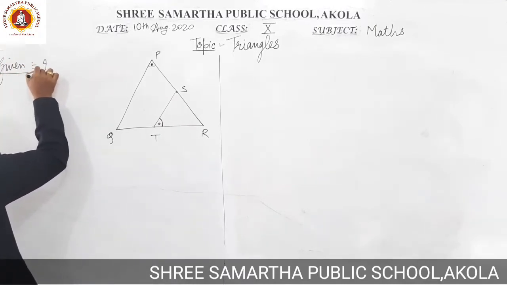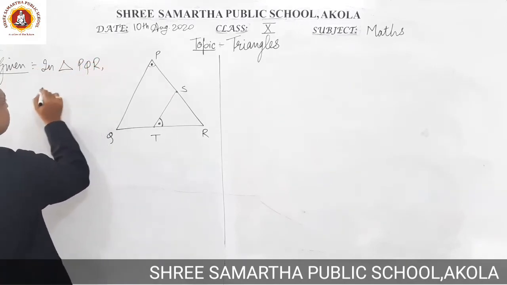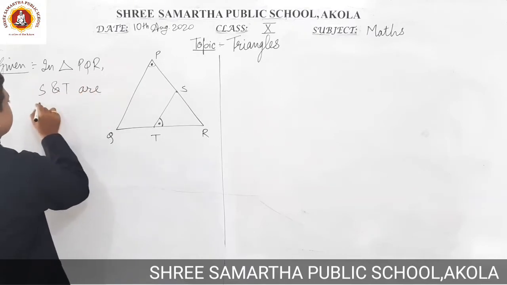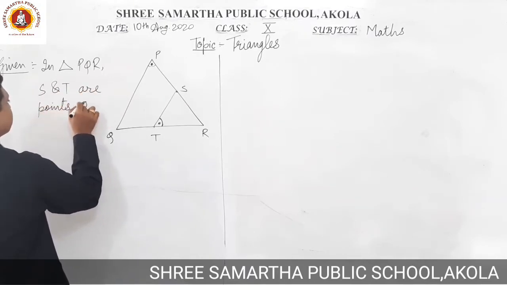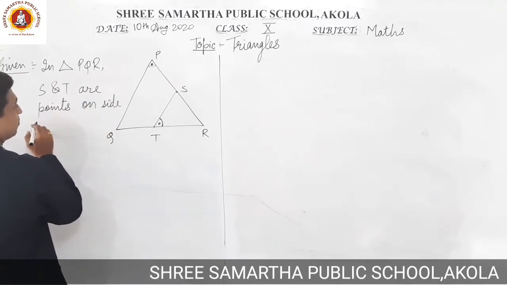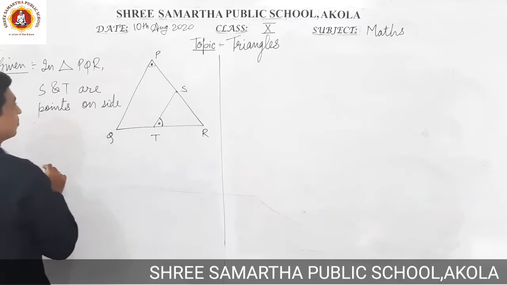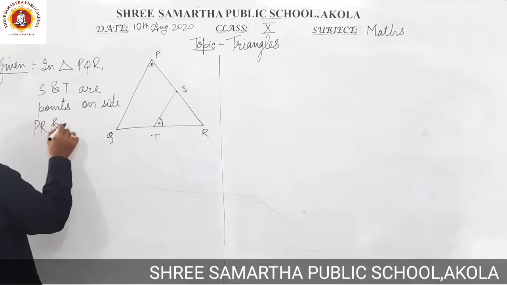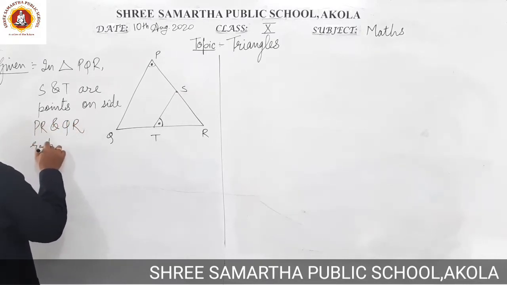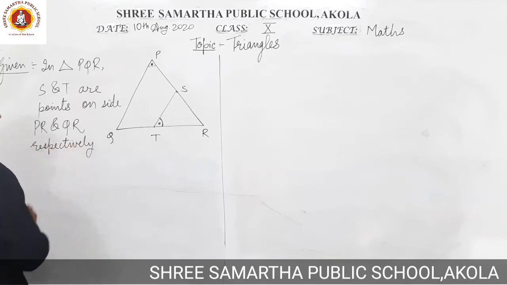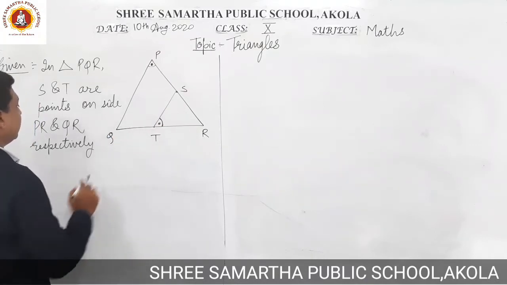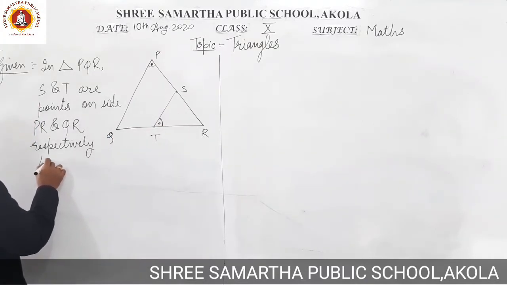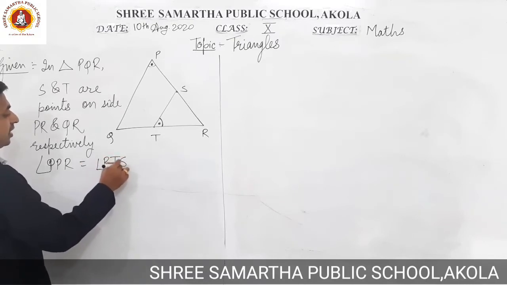Given: S and T are the points on side PR and QR respectively, and angle QPR is equal to angle RTS.